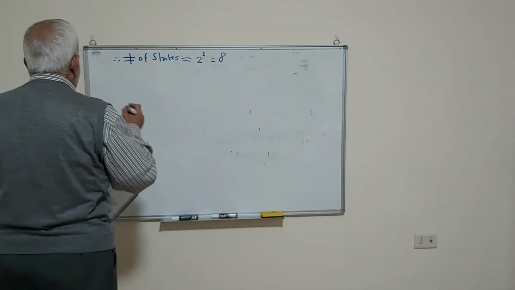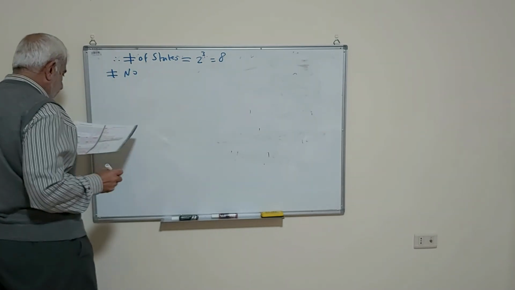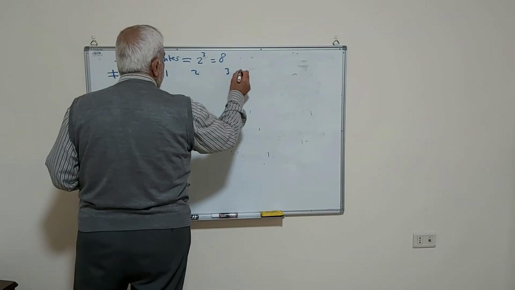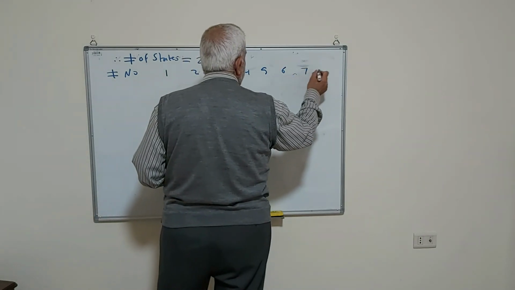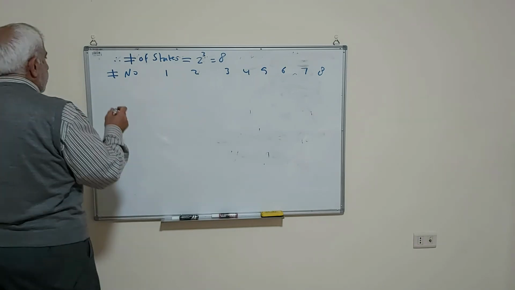All right. Here we have state number: 1, 2, 3, 4, 5, 6, 7, 8.